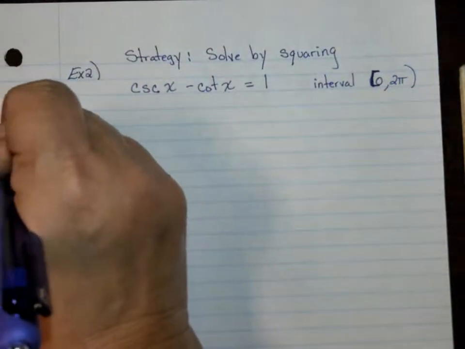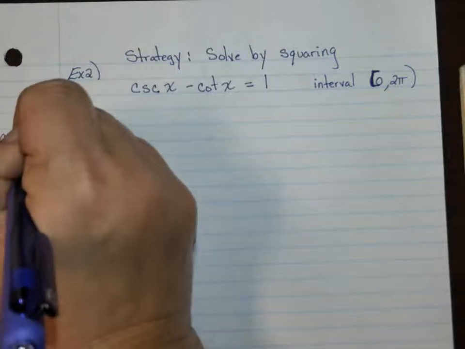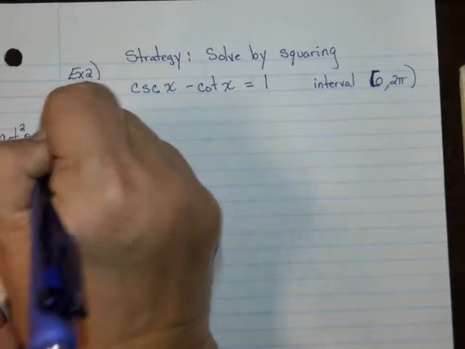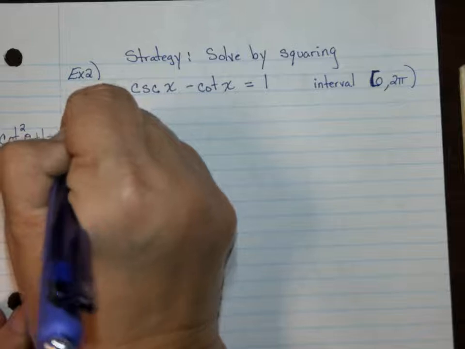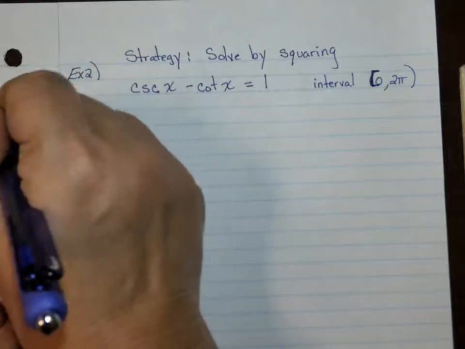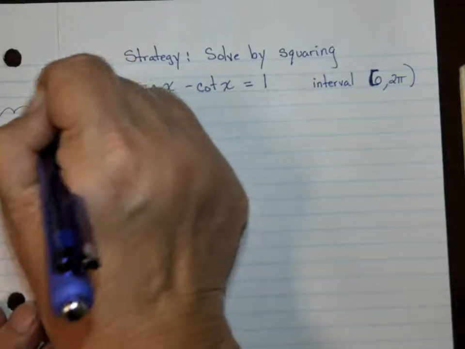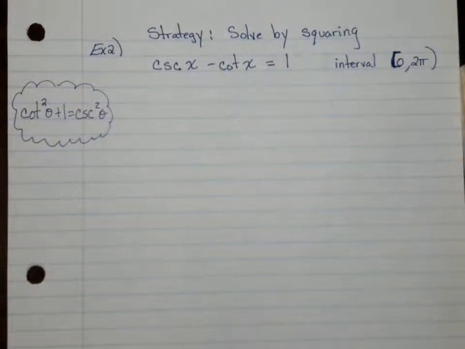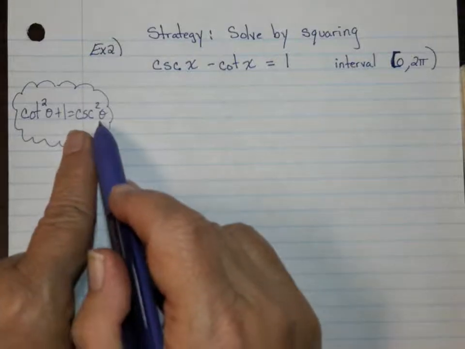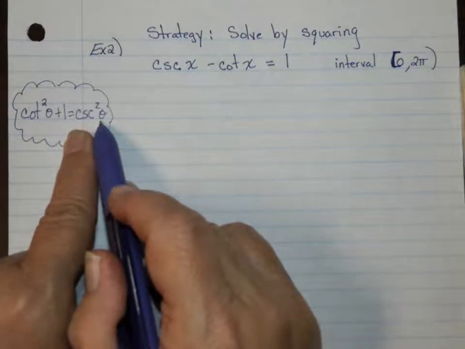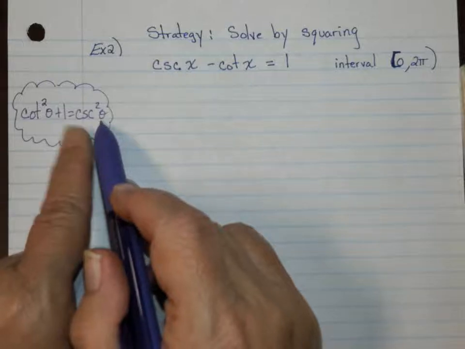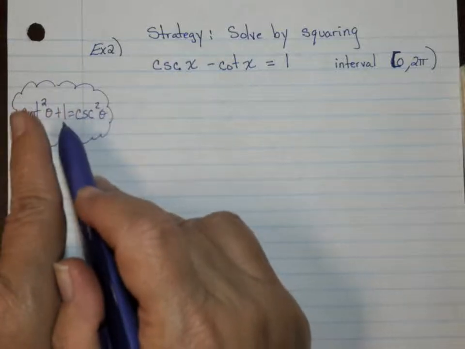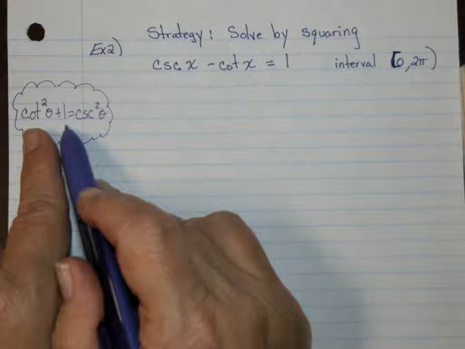So right off my sheet, it says cotangent squared theta plus 1 equals cosecant squared theta. So if I can get cosecant by itself, then I could square it and turn it into an expression that has cotangent.